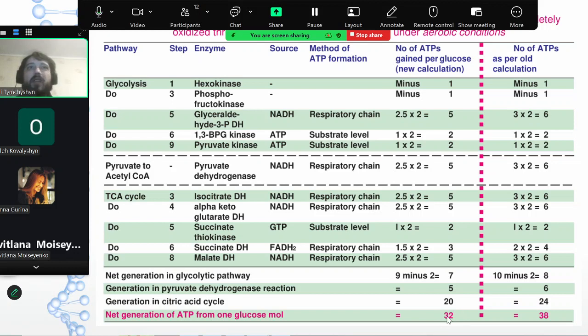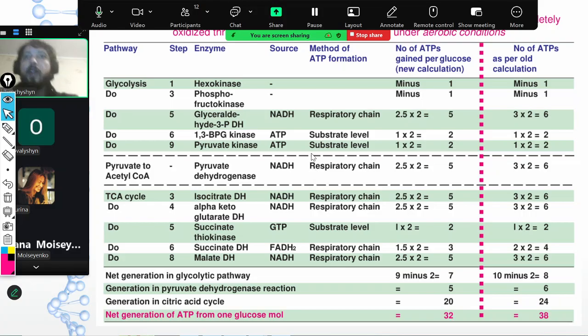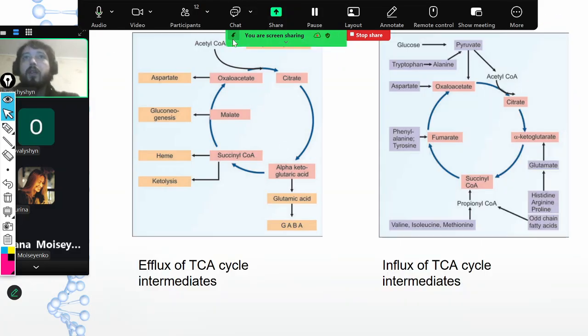That basically depends on how you take into account all these NADHs that we will later use in the electron transport chain. So we'll get to that. I will show you the electron transport chain, and maybe you'll get some idea why it's so complicated to estimate this sort of thing.